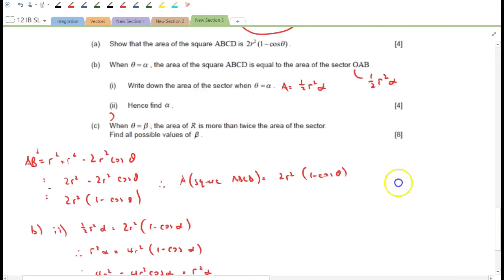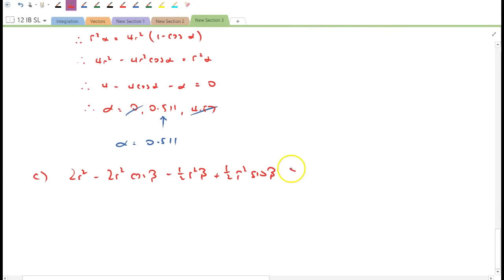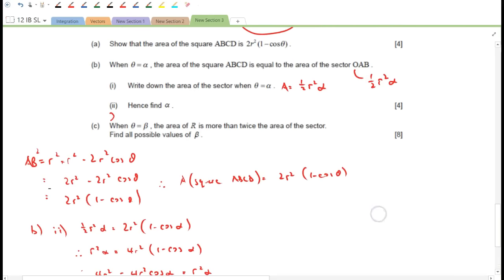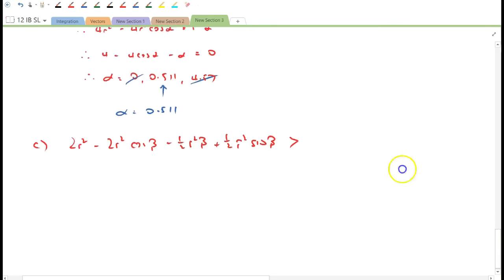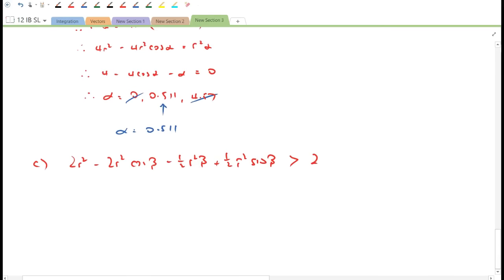Remember, that's just the R area, so that has to be more than twice the area of the sector. The sector area is 1/2 r squared beta. Alright, we're solving this. Let's do a bit of sorting.